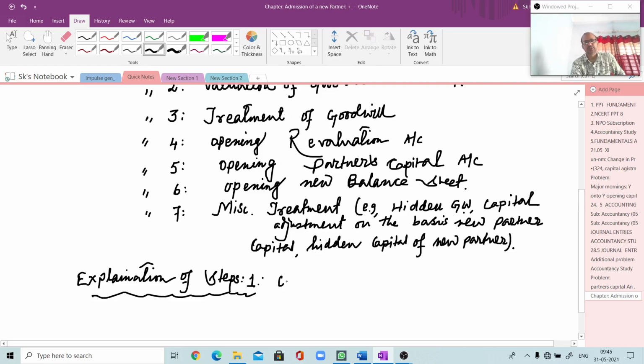That is the calculation of SR, GR and NR.